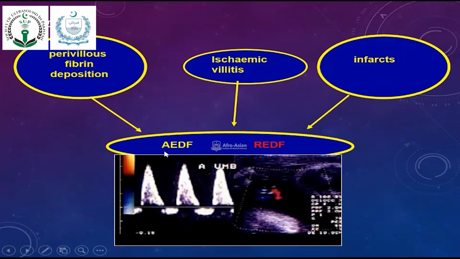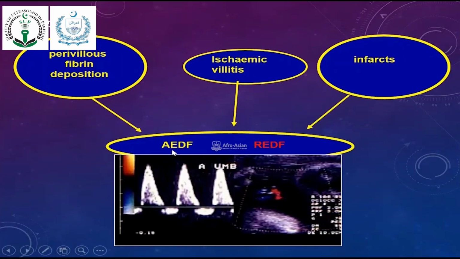So when we find AREDF, which is absent or reverse end diastolic flow, there are chances of these three things.